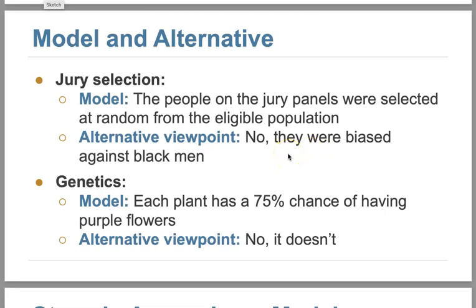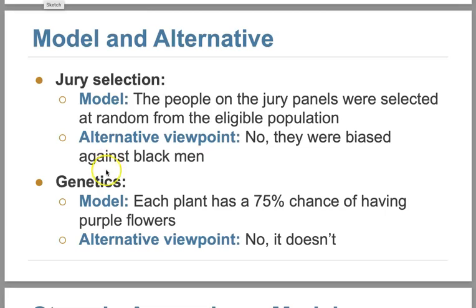So that's one example of hypothesis testing. When we do the simulation, of course, the first viewpoint is according to the model. Then the second one is the alternative viewpoint, the evidence against the model.